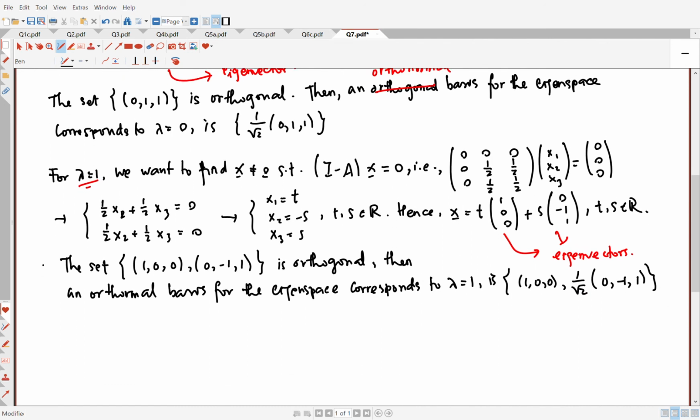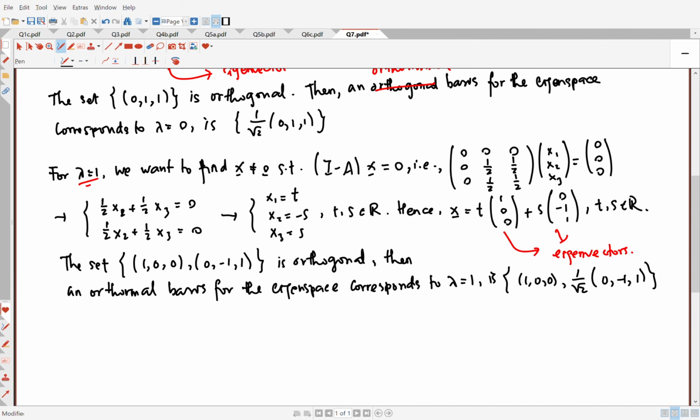And of course they are linearly independent.